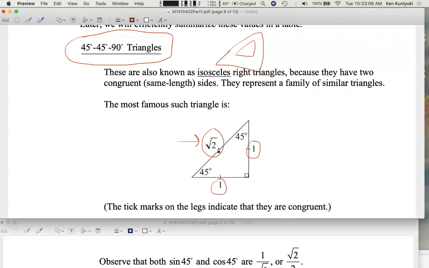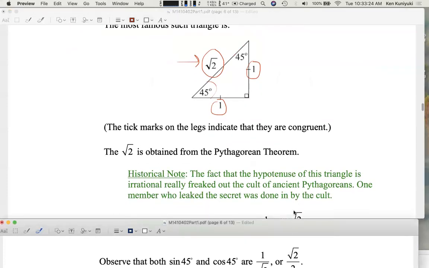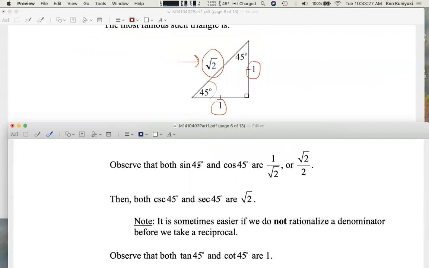This is the square root of 2 meters, irrational. All right, now, given these side lengths, we can come up with the sine of 45 degrees and so forth. So what is the sine of 45 degrees? Well, SOHCAHTOA, sine is opposite over hypotenuse. It's 1 over root 2. The sine of 45 degrees, also the cosine of 45 degrees.